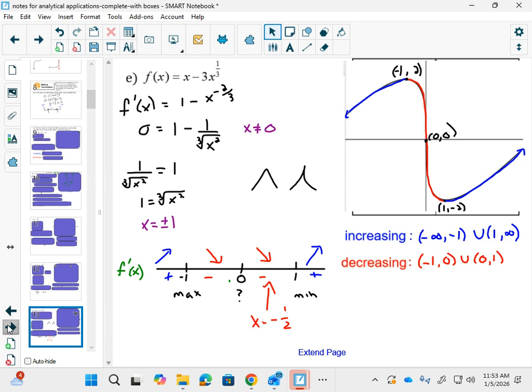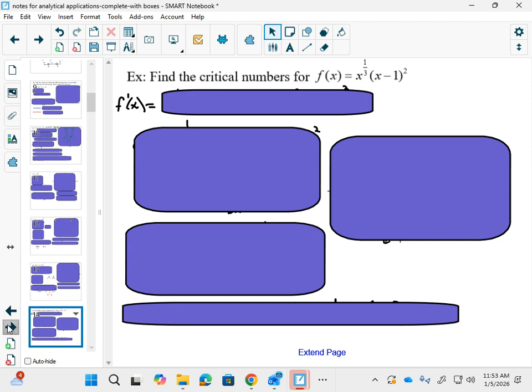Okay, we have time for one more. Find the critical numbers for this graph.